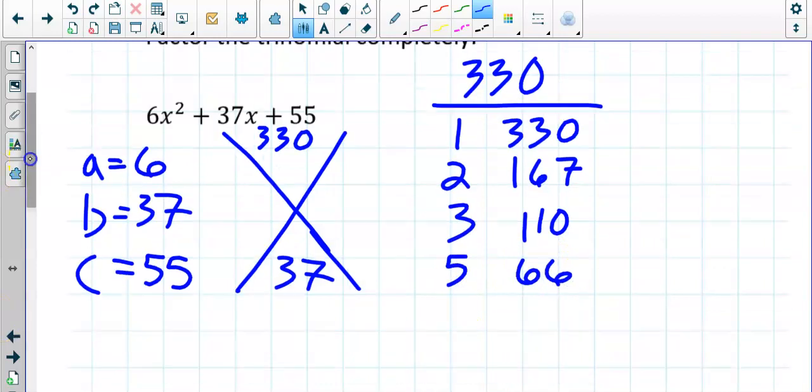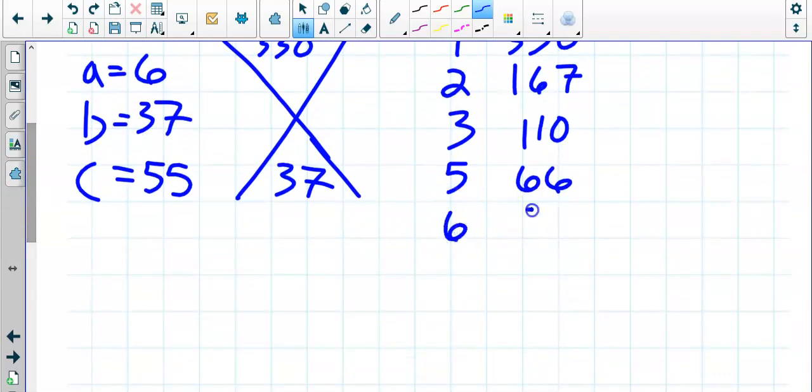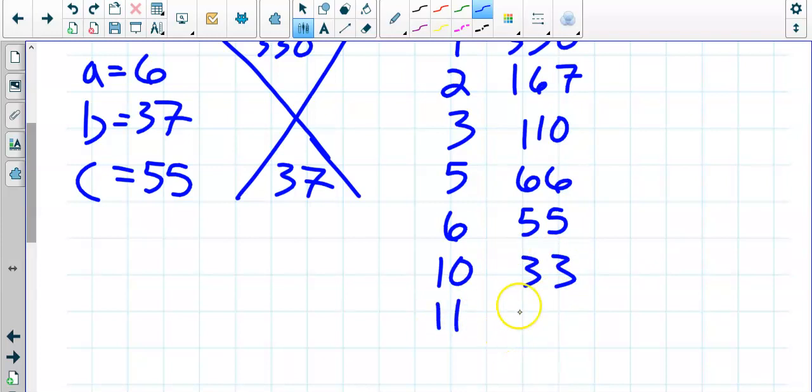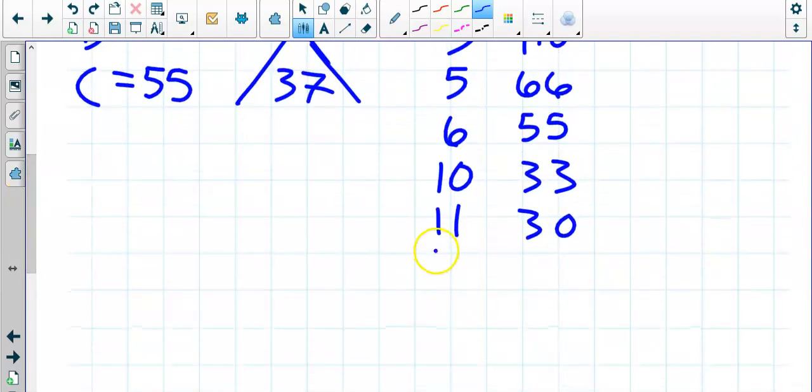What else? 6 and 55. 10 and 33. 11 and 30. You can see how these numbers are getting larger. The other side starts honing in on it. What else? 15, 22. Anybody else? All right, but we already got that one, so we're done.